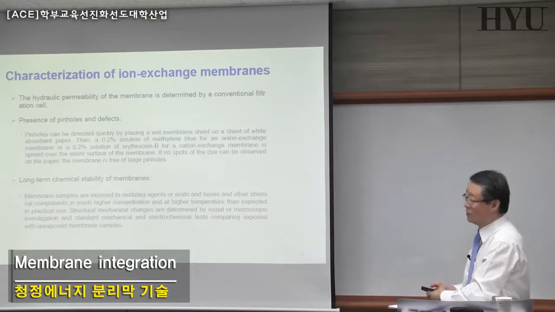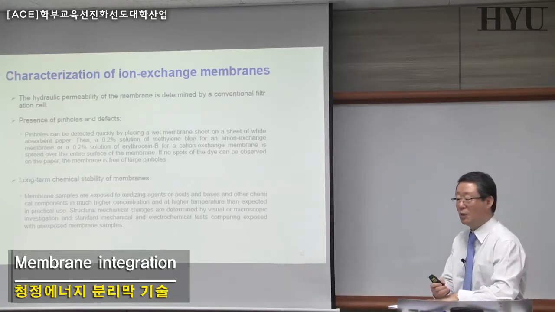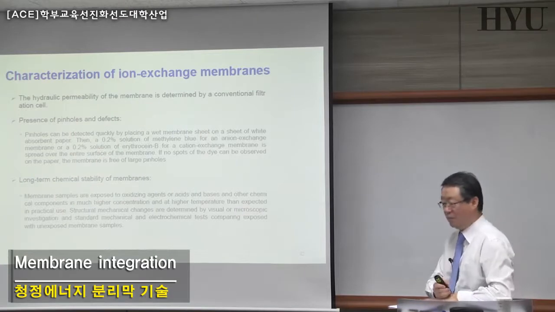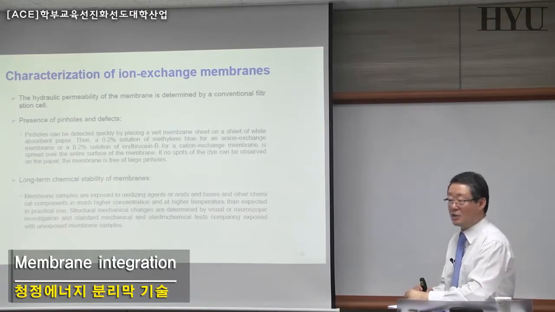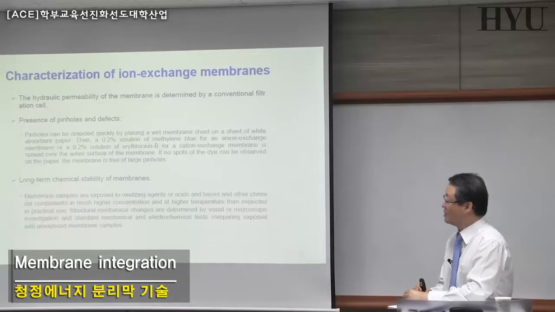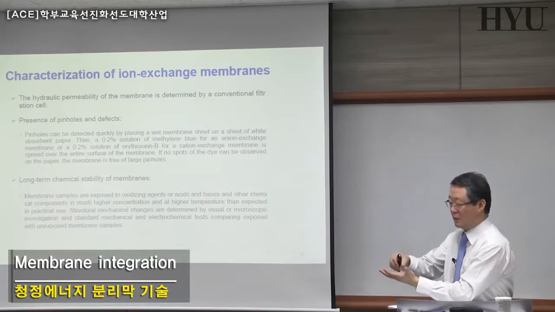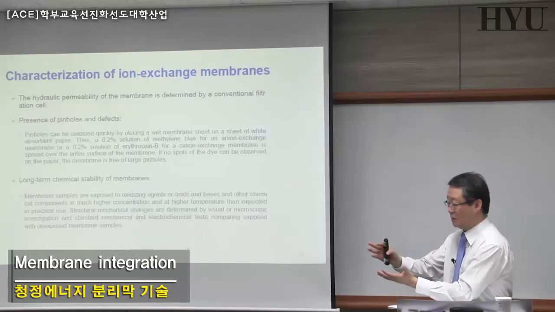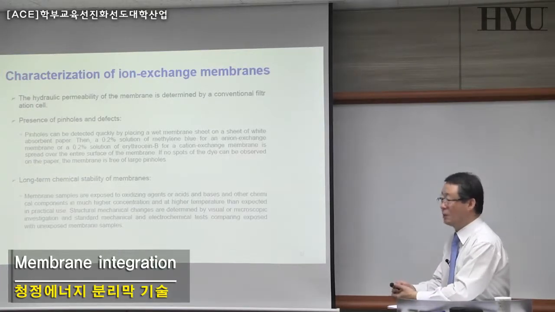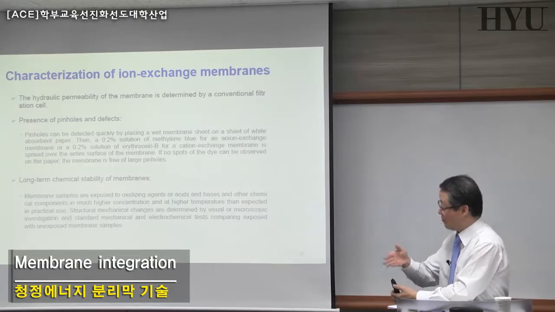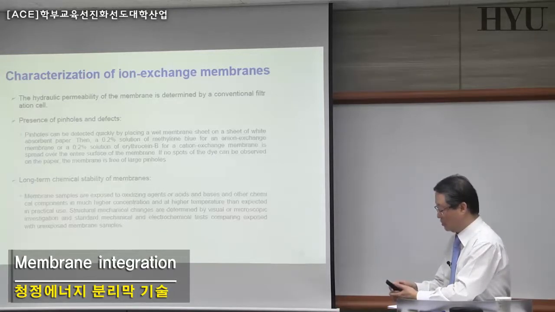Long-term stability, particularly of the chemicals. Well, your membrane may be put into the oxidizing agent. We call it Fenton's agent, containing ferrous iron, and immerse that membrane in the solution, and also observe the outer surface of the membrane, where the membrane is dissolved, and the dissolution time is your indication of your stability.